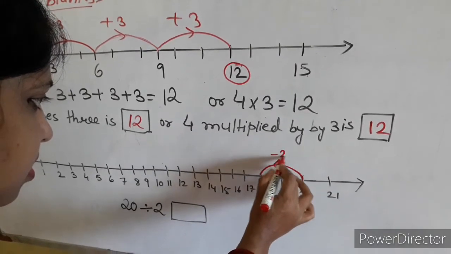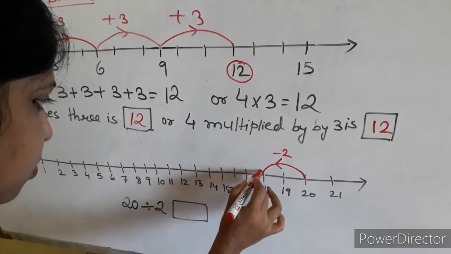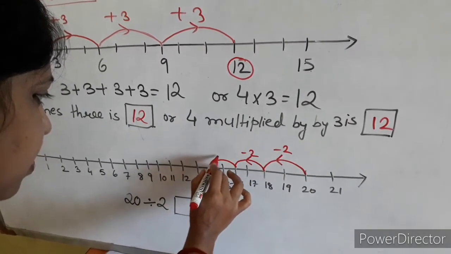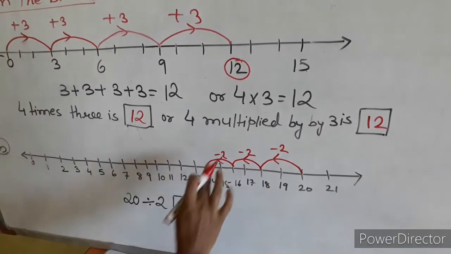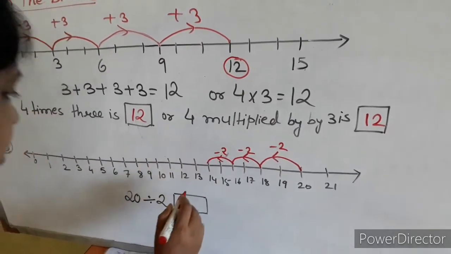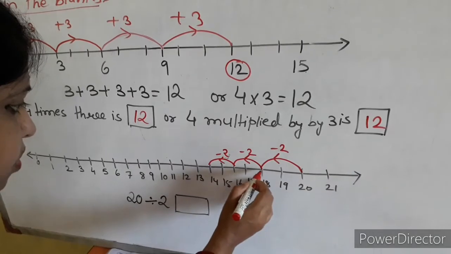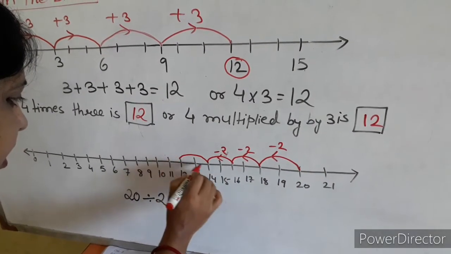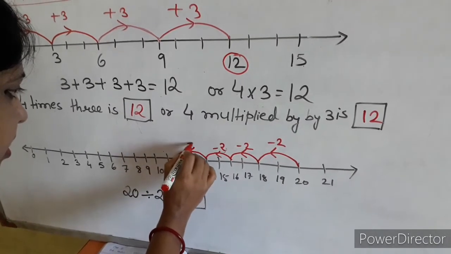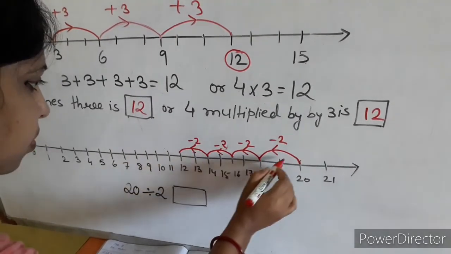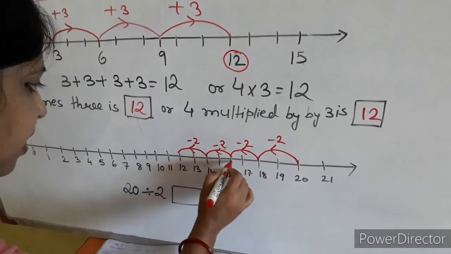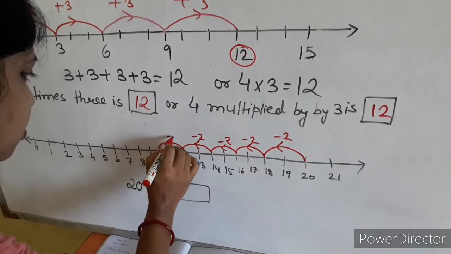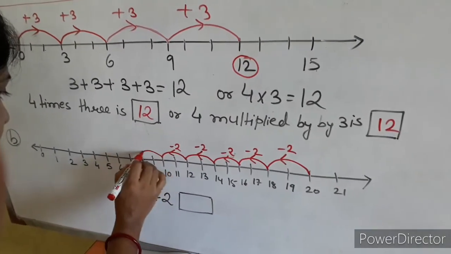1, 2, 1, 2, 3, 4, 5, 6, 7, 8, 9, 10. Then again minus 2, jump here.